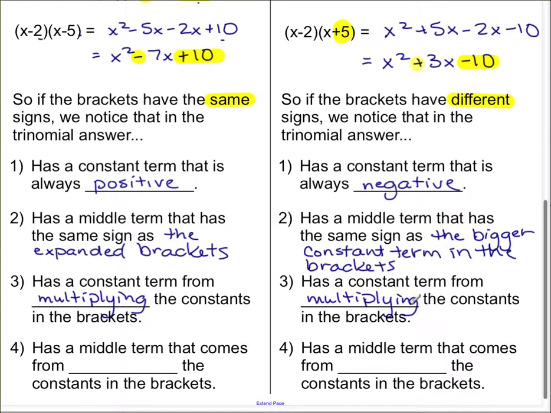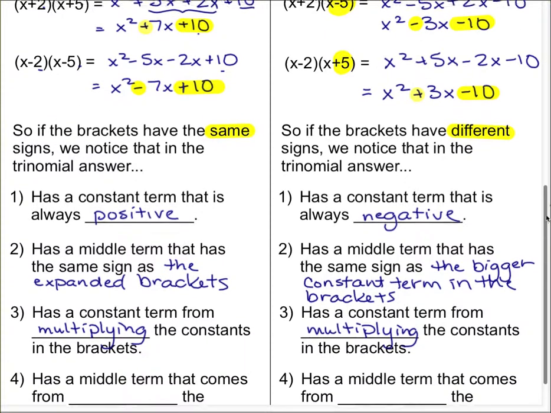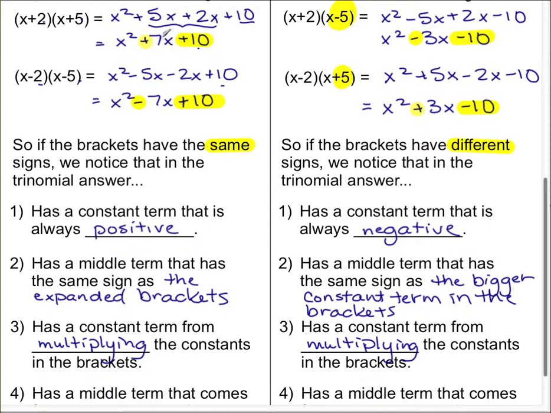Now this next one we're going to ignore the signs. This says has a middle term that comes from blanking the constants in the brackets. So what do we do here? We've got a 7 here. Ignore the sign this time, we dealt with the sign already up there. So we're just going to take a look at the number without the sign.